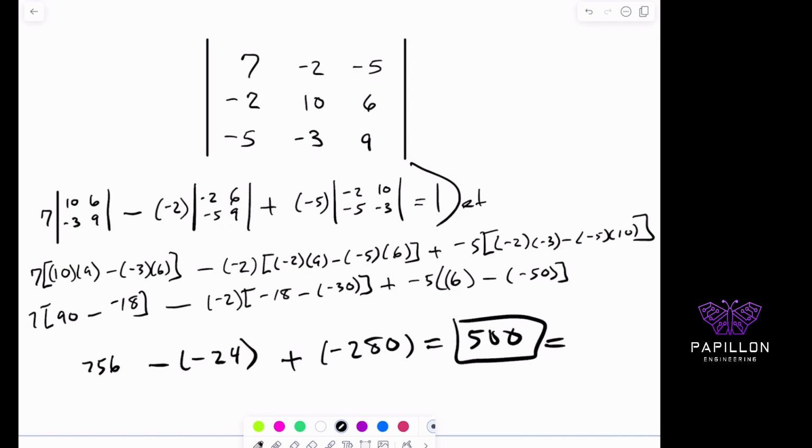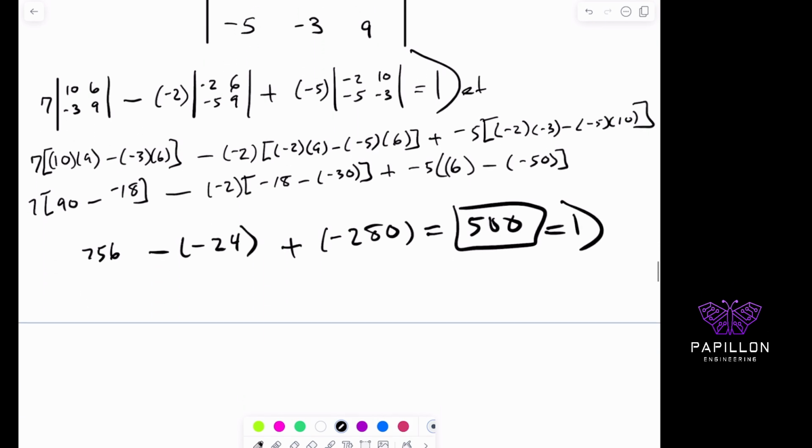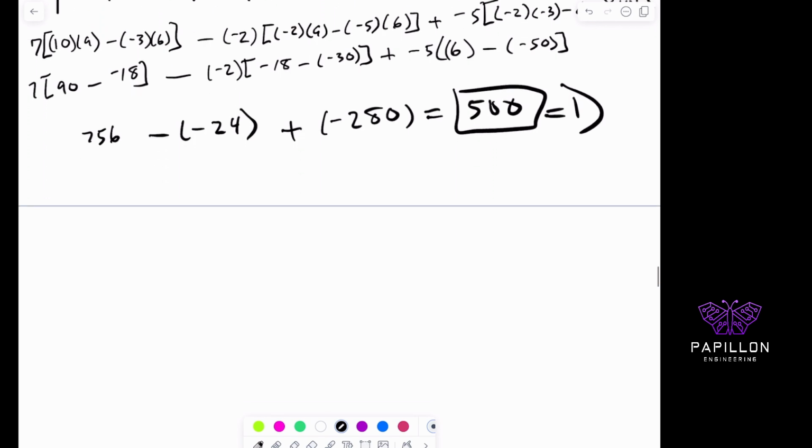And that equals our determinant. All right, so now that we have that, it makes it so much easier to solve for I1, I2, and I3.